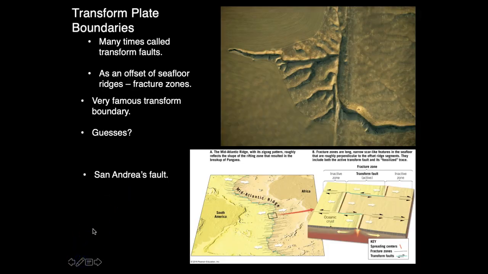Okay, so many times these transform plate boundaries are called transform faults. And as I said before, they are very common in offsetting the mid-oceanic ridge, in which case they are also called fracture zones. Okay? The term fracture zone includes the active faults as well as their inactive extensions into the plate's interior.